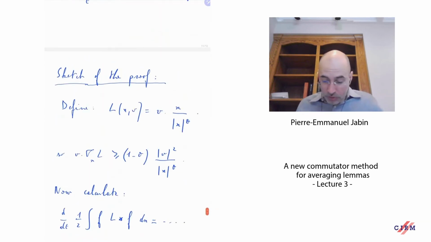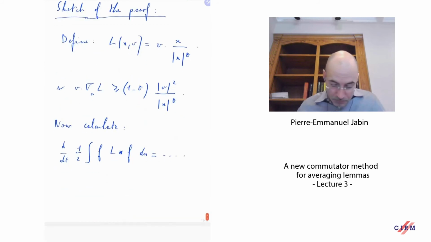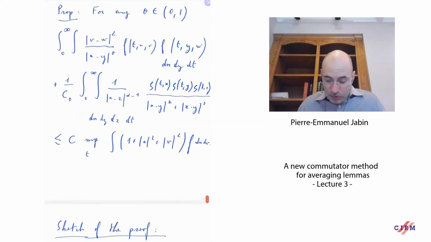And what about diffusion? Well, L is linear in velocity, so you know the Laplacian in V plays absolutely no role in this estimate. It can be there, it cannot be there, it doesn't make a difference. So this is a relatively straightforward calculation to show this proposition.